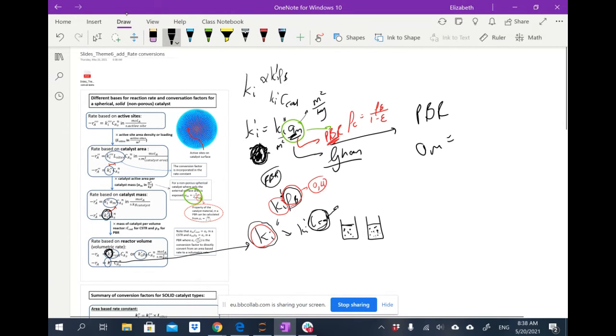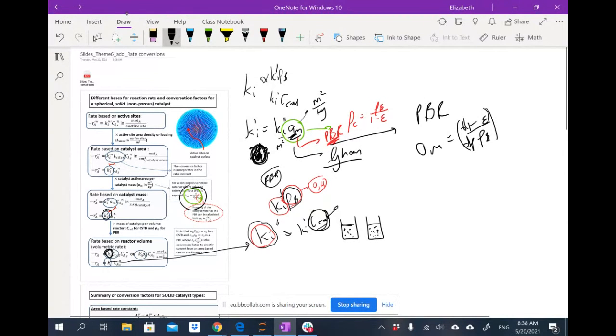I have AM is equal to, and now 1 over rho C is going to be 1 minus epsilon divided by rho bed, and that is 6 times that divided by my particle diameter. So that is that equation.